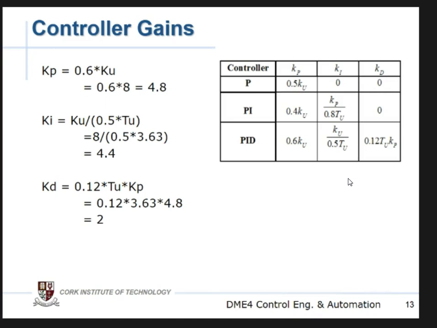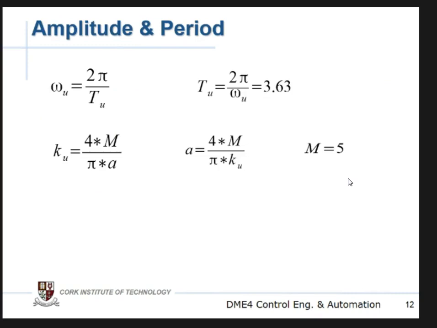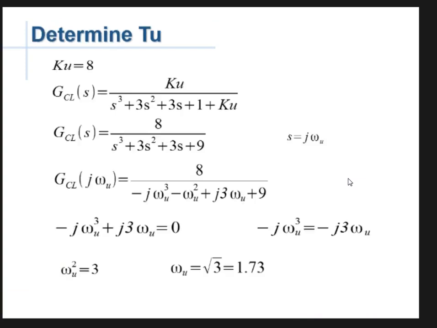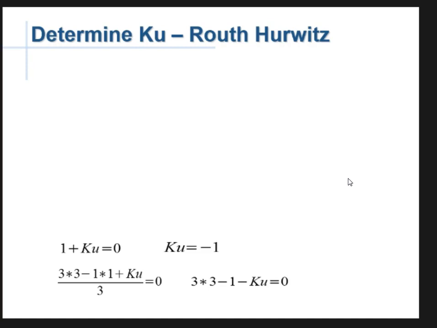Your formula is Kp is 0.4 times Ku, Ki is Kp over 0.8 times Tu. As I said, slide 12 has the period calculated, and slide 10, I guess, is where we worked out the ultimate gain, Ku.